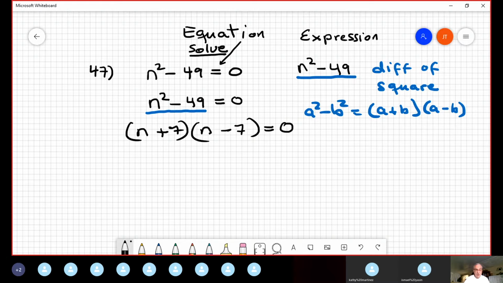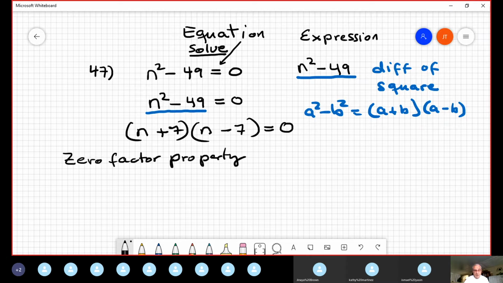In which you apply one thing is called zero factor property. And zero factor property, you take every factor, about this factor, and this factor separately, and you put equal to 0.